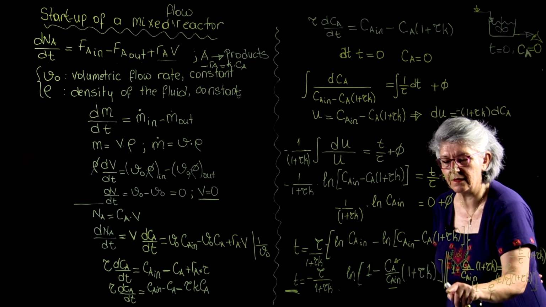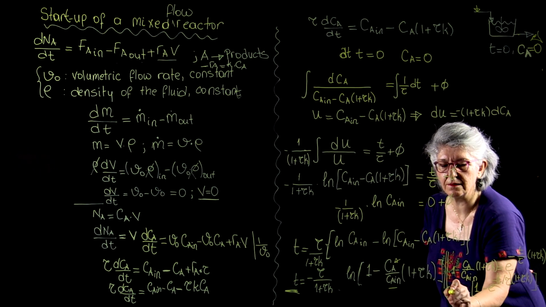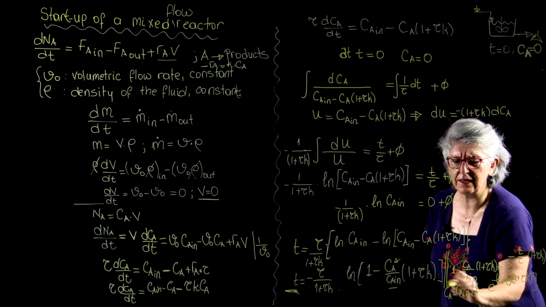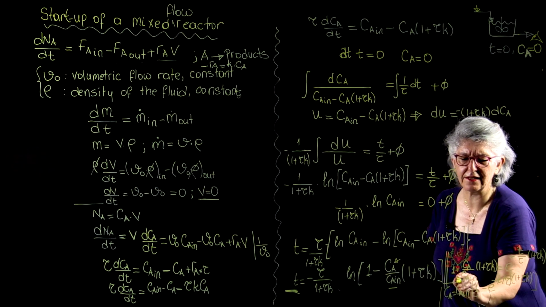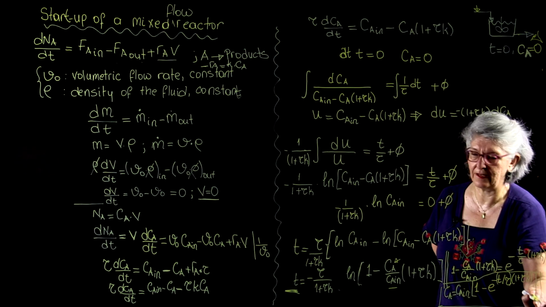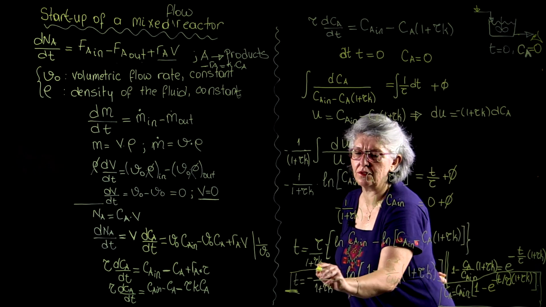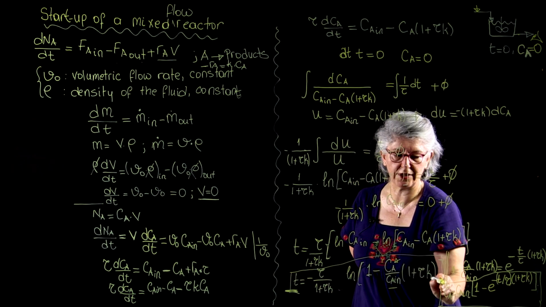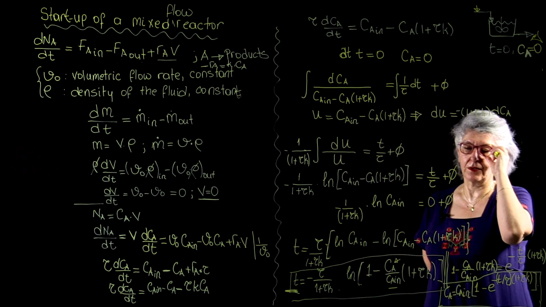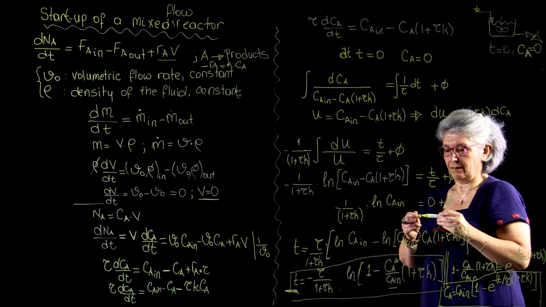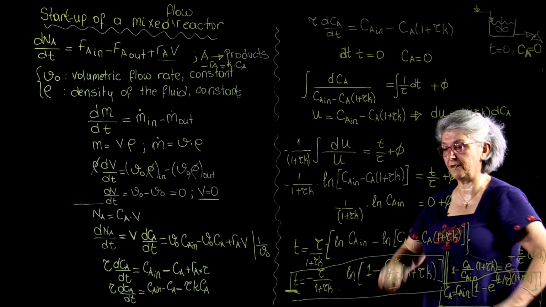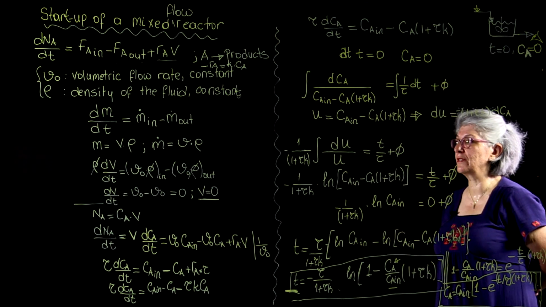Now we are after an expression for Ca that is going to be equal to, I will swap those two terms in the equation, 1 minus e to the minus t over tau, 1 plus tau k. So this is one term, this is the other term, and then we have to multiply the whole thing by Ca,in. Ca is equal to Ca,in. So this is our final second expression, and this is the other one, our final first expression. Both of them are going to be useful in answering different engineering questions.